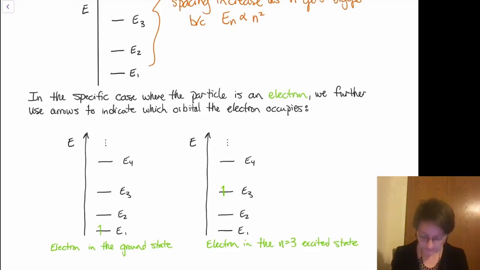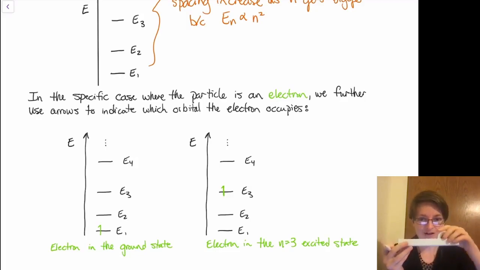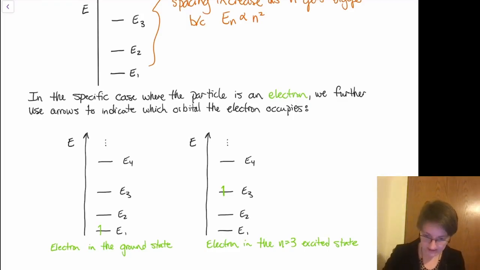And so if my electron is in the ground state, so it's an electron in a one-dimensional potential, and it's in its ground state, how I would depict that on an energy level diagram is to draw my energy levels, just like I did above, but I'm going to use a single arrow in order to indicate that there's one electron that lives in that orbital. Similarly, if we wanted to talk about an excited state, the energy level diagram that I've shown at right depicts an electron in the n equals 3 excited state.